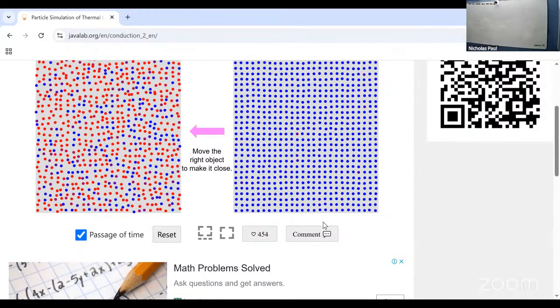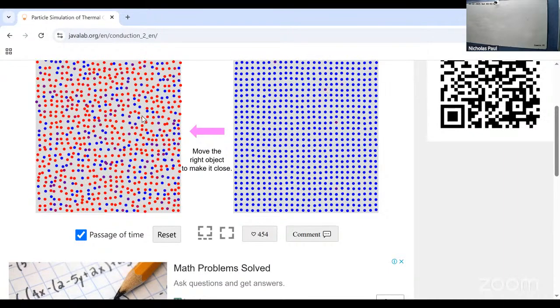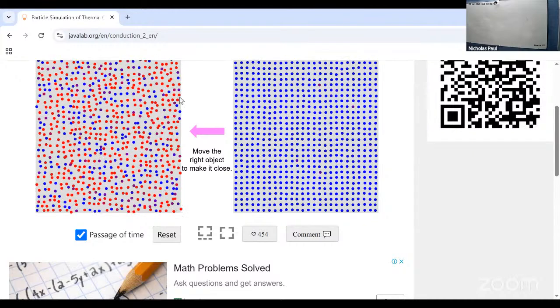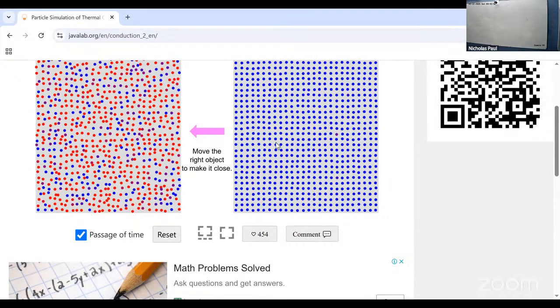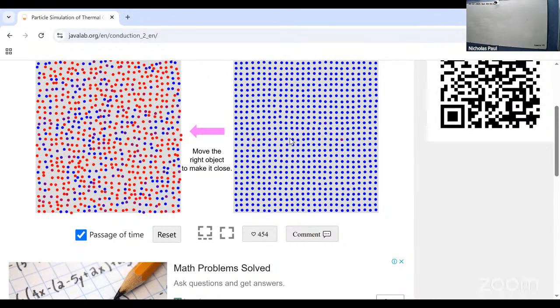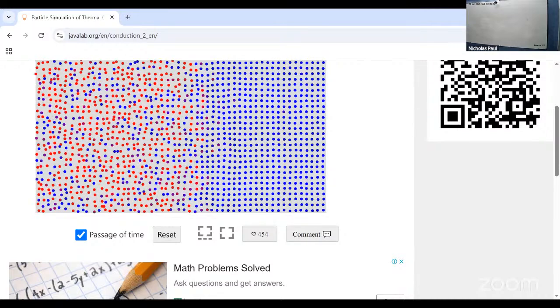The object on the right is vibrating slightly because of heat transfer. But anyway, let's bring the objects close together and watch how heat is transferred.